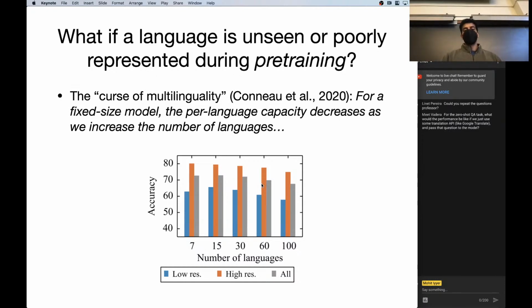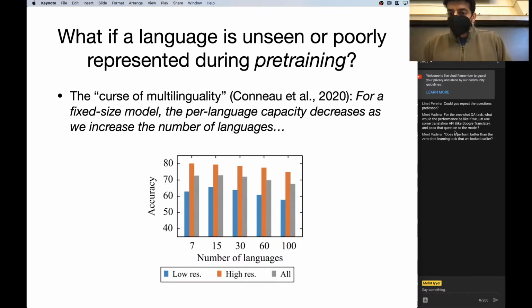If you have a much bigger model, then perhaps this curve would look different. But in any case, as you add more and more data from more and more languages, intuitively it makes sense that at some point it becomes hard for the model to keep track of all of these different sources of information.